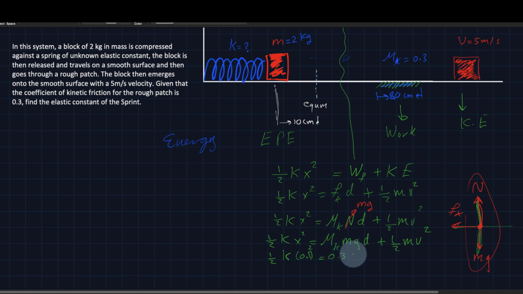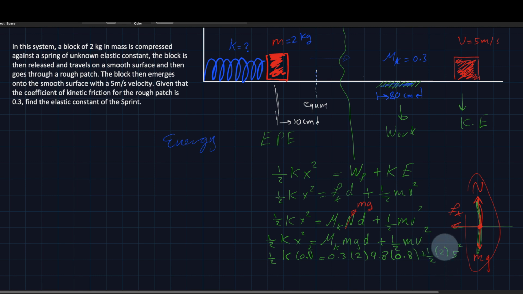M is 2 kilograms, 9.8 for g, and d is 80 centimeters, which means it's 0.8, plus 1/2 times the mass of the object. Again, it is 2 kilograms. And the velocity as it emerges from the other side is 5, and that's 5 squared.